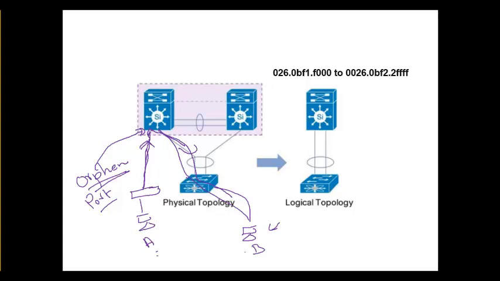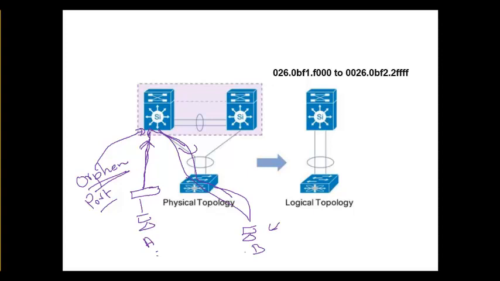The port which forwards the traffic into the member port to reach the destination is the orphan port. The port which is not a member port but forwards the packet towards the member port so that it can reach a destination is called an orphan port.